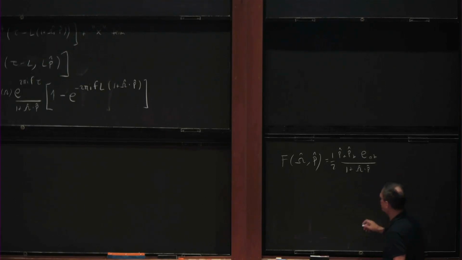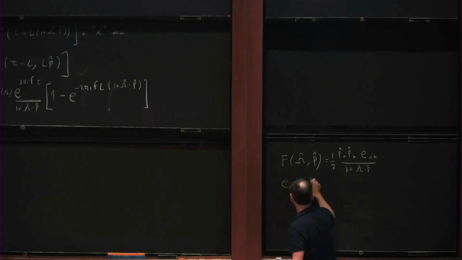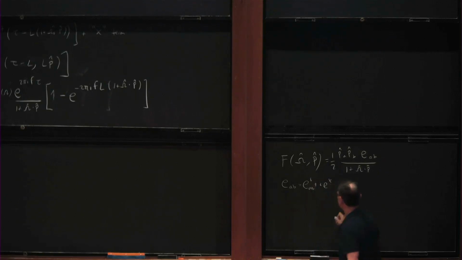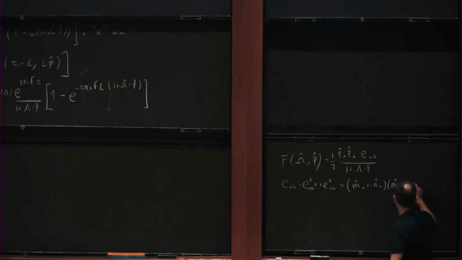The easy way to prove that is to write E_AB. Remember that was E plus i E cross. I had a very nice expression for that yesterday. It's (m̂_A plus i n̂_A) times (m̂_B plus i n̂_B).